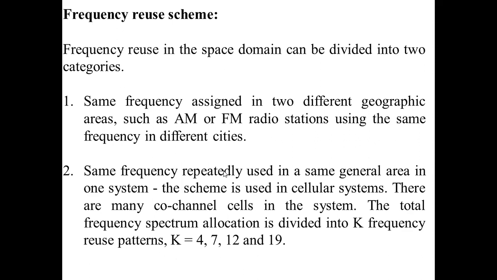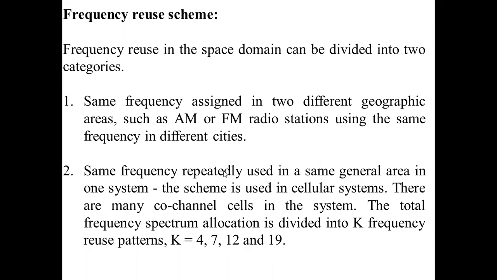If you go from Amritsar to Jalandhar, FM is operated at the same frequency, let us suppose 104.8 or 94.5. So it means we are using the same frequency in two different geographic areas, such as amplitude modulation and frequency modulation radio stations. These use the same frequency, but in different cities.